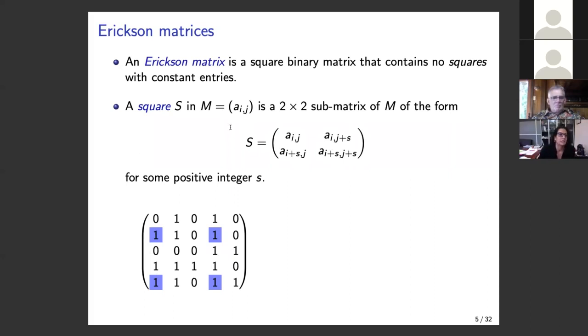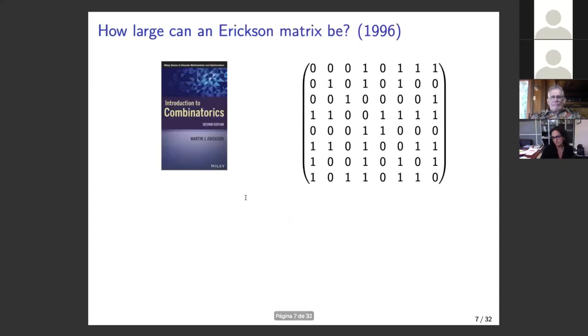Once we have seen a definition, of course we want to see an example. I can show you here a small one. This 3 by 3 matrix is an Ericsson matrix. You can check it. And the problem, the Ericsson matrix problem, is how large can an Ericsson matrix be?